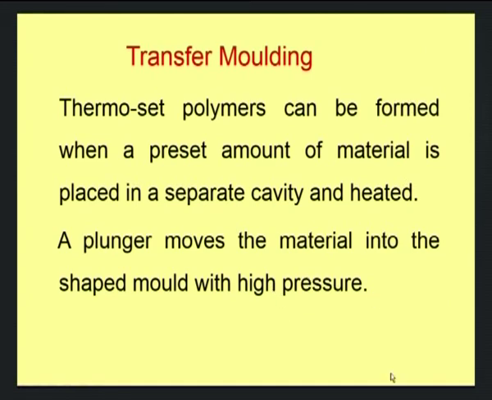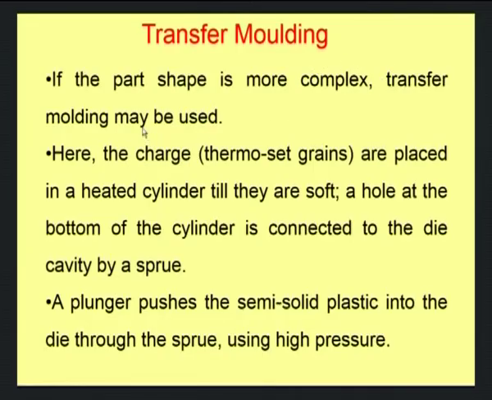We will see how. Now, why we go for transfer molding: if the part shape is more complex, then transfer molding may be used. Here the charge, which is nothing but the raw material, the thermosetting plastic in the form of grains or granules or pellets, is placed in a heated cylinder till it is soft.